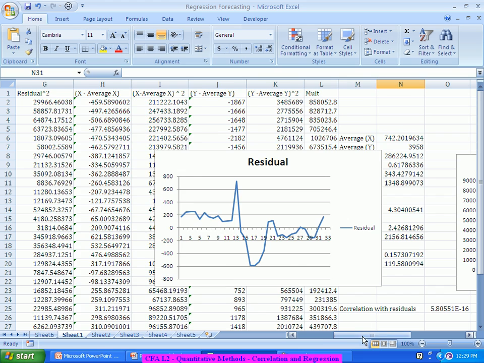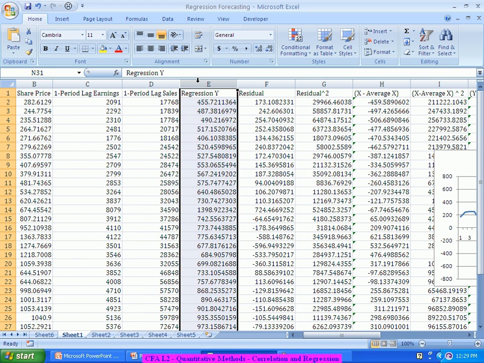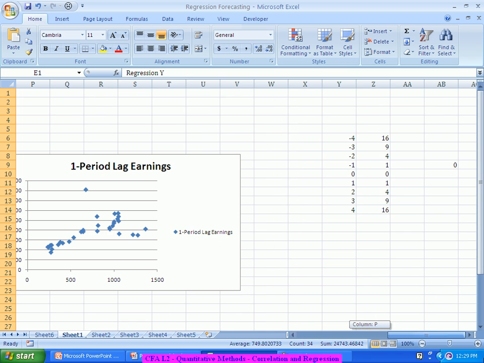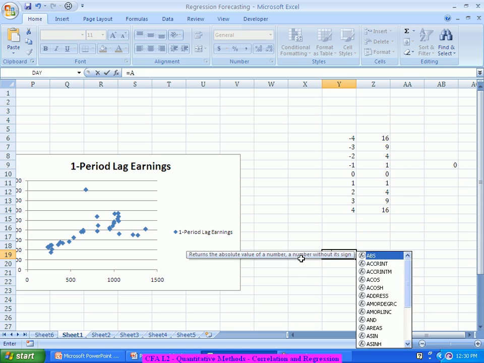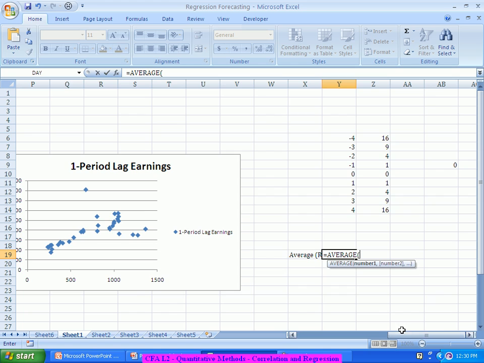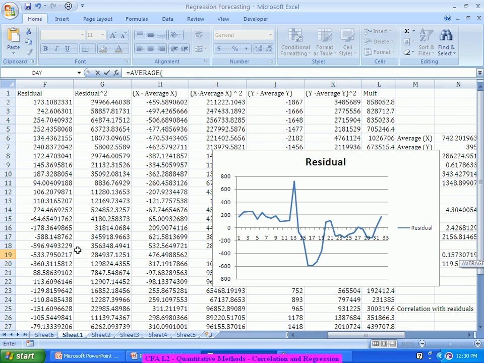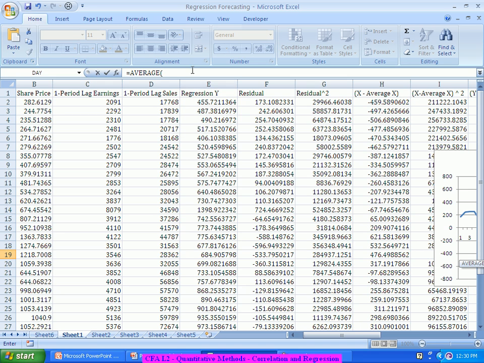Whatever regression y we got, I'll try to find out the variance of this, or the sum of squares of this, right? So let's say the average of regression y is coming out as the average of this E column.